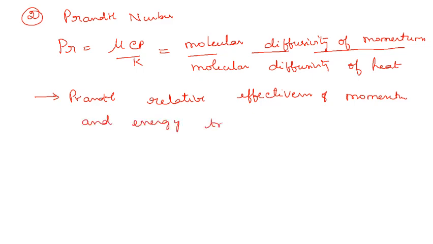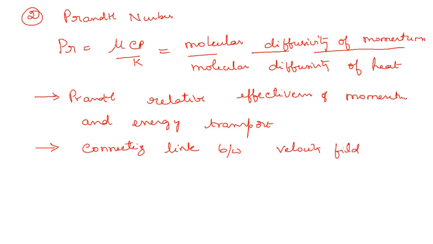Prandtl number is a connecting link between the velocity field and the temperature field. That is one more important significance.